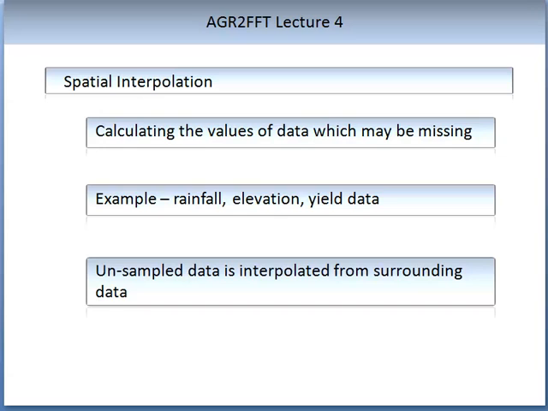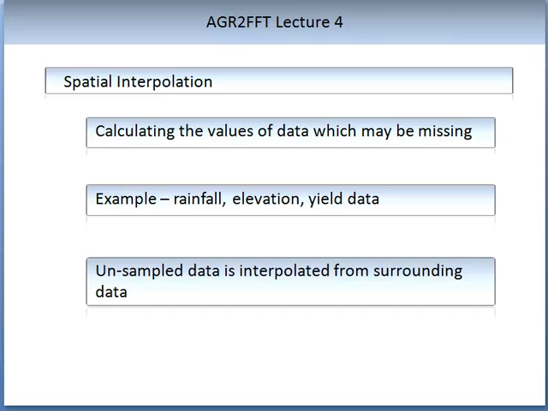We stated in an earlier slide that sometimes information is missing. When it is the characterizing information such as the yield or rainfall or elevation data that is missing, you need to do something with the image. The nature of the images means that you can't just leave them as they are, blank, because this is misleading.